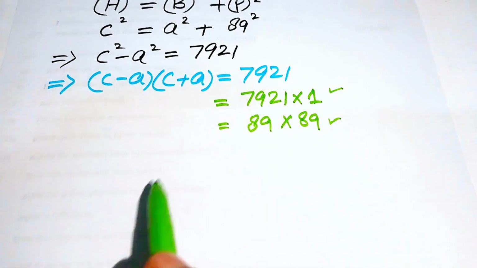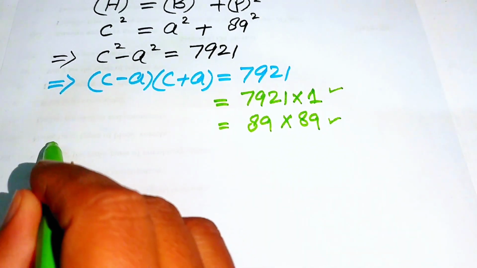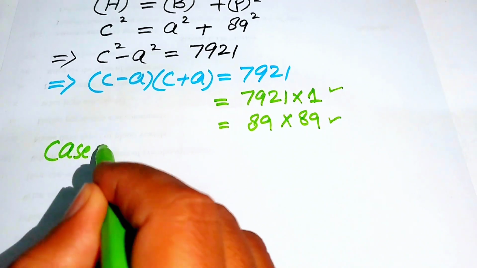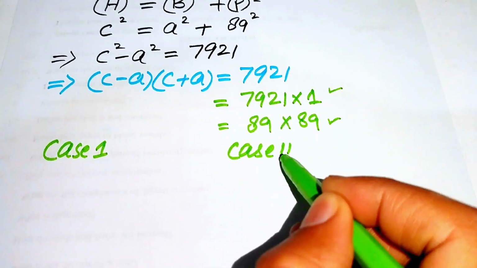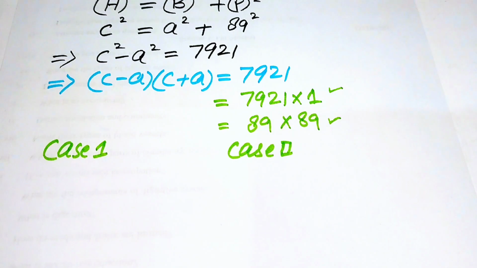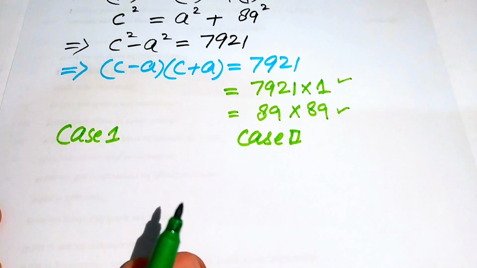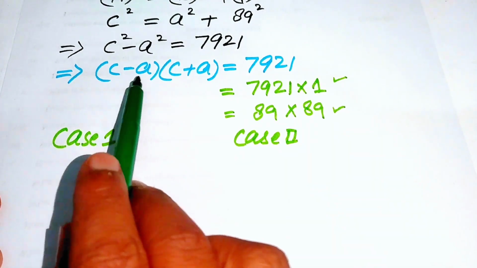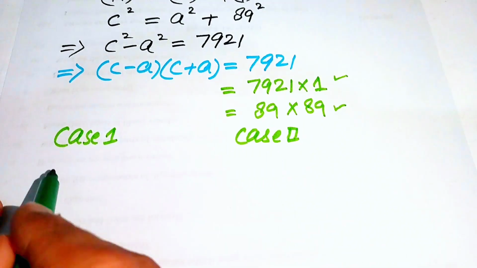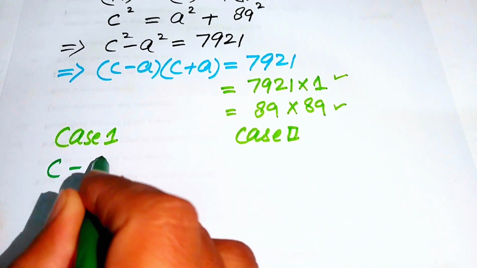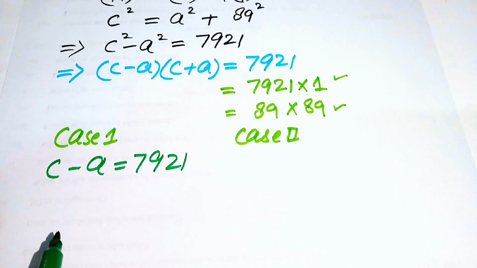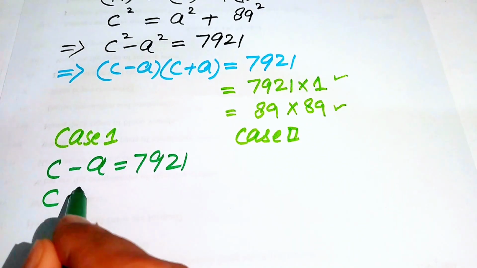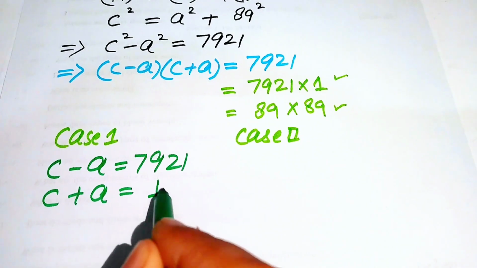So now we compare both of the sides and we write it as, here you have case number 1, and here we write case number 2. In case number 1 we compare the factors c minus a and c plus a, and you write it as c minus a equals 7921, and c plus a equals 1.